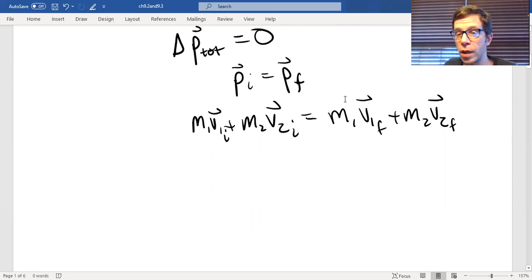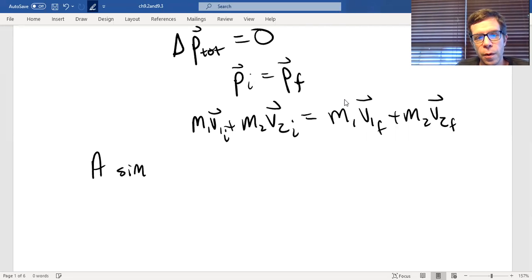And if we want to talk about a one-dimensional case, we can simplify it even further. So let's look at a simple one-dimensional example.